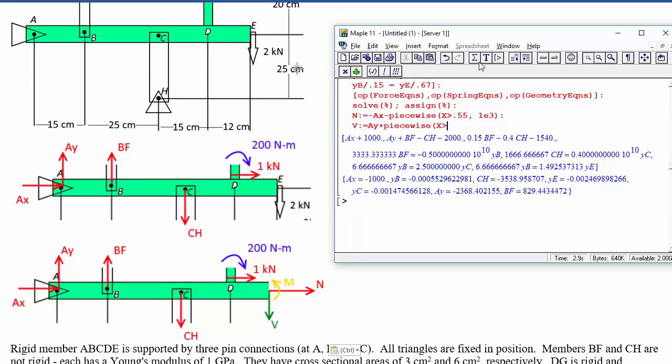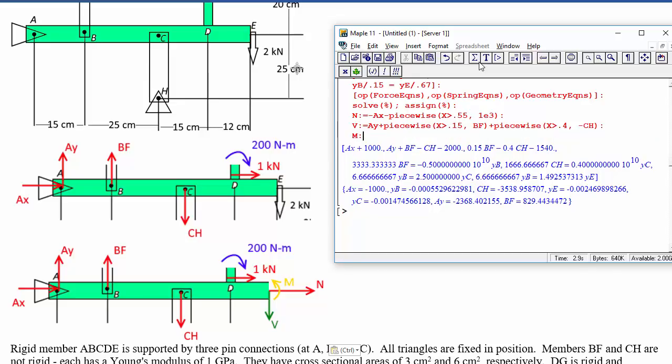if X is greater than 0.15, then BF plus if X is greater than 0.4, negative CH, plus if, actually, I guess there's nothing applied at point D, so that's it for the shear force.